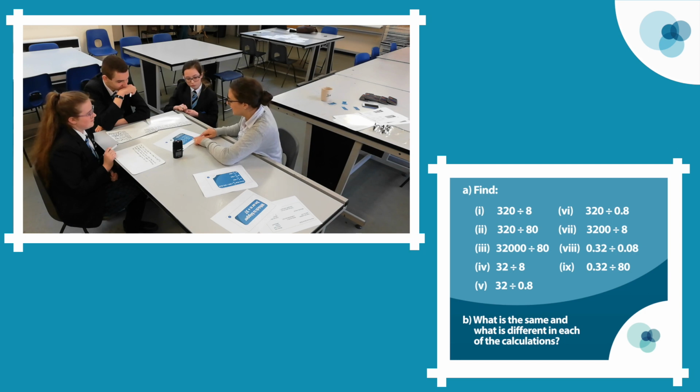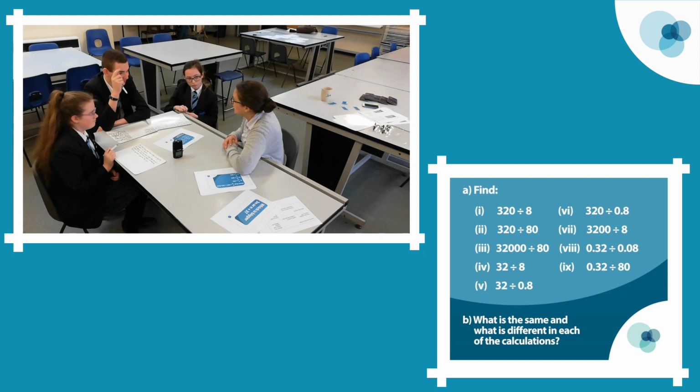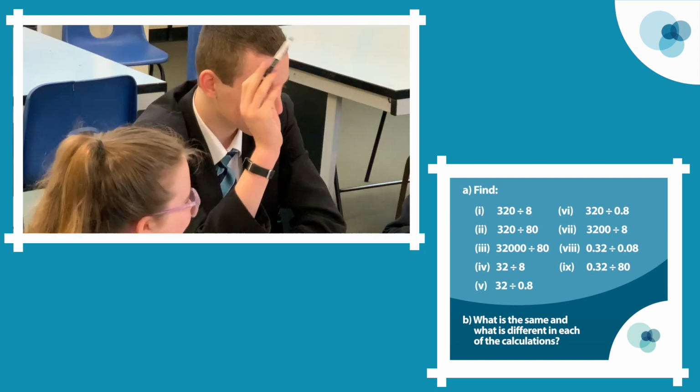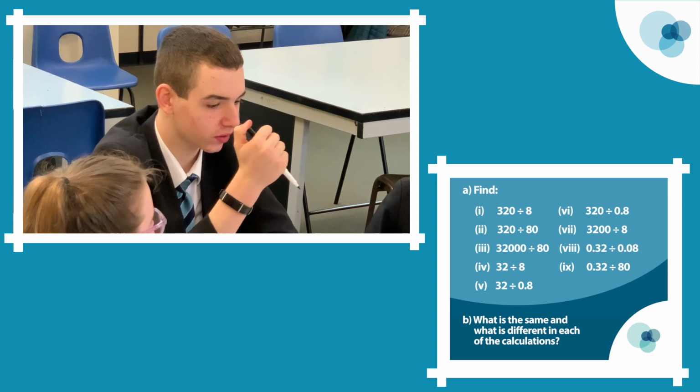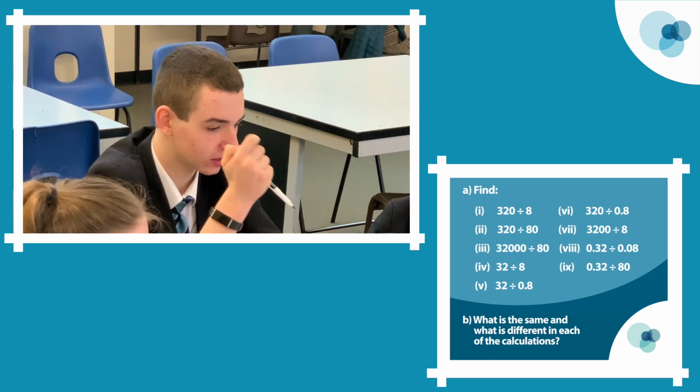So are you working out the answer to one and then using what you know to answer the other questions? Or are you working out each question individually? What would you do if you were asked to work out these ones? Okay, so the top one, which would be 40, because 320 divided by 8 is 40.